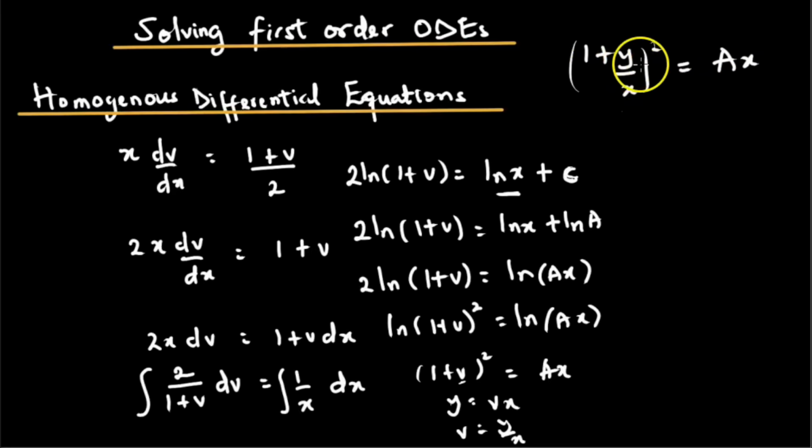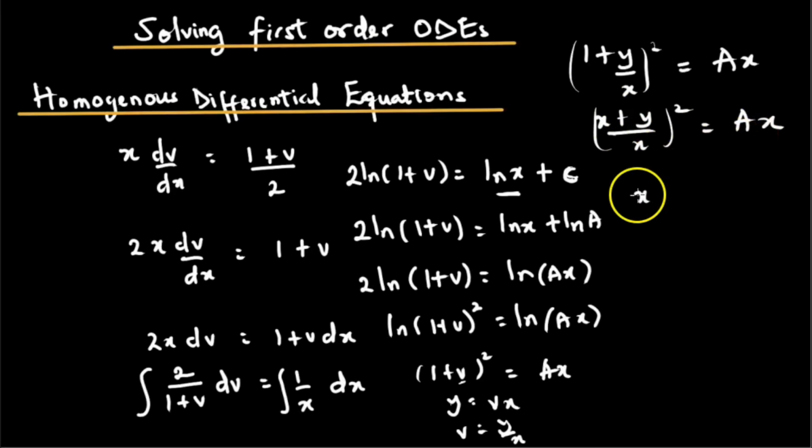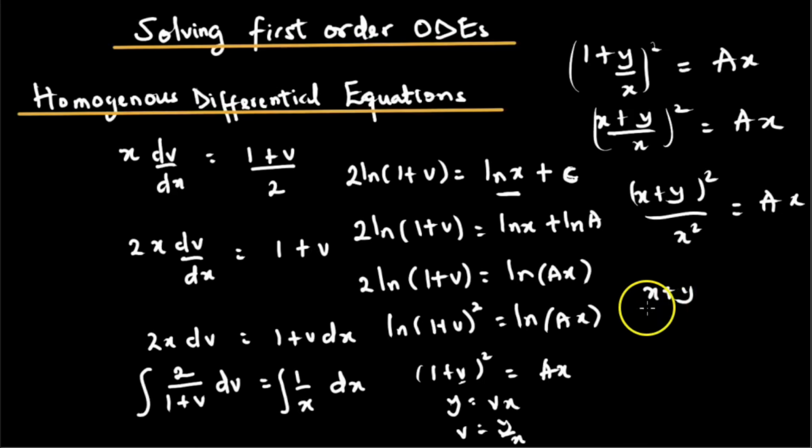Now I can simplify this to have (x plus y) over x all squared equals ax, and this becomes (x plus y) all squared over x squared equals ax, and this becomes (x plus y) all squared equals ax cubed. We can leave our answer like this, and we can pick this as our final answer.